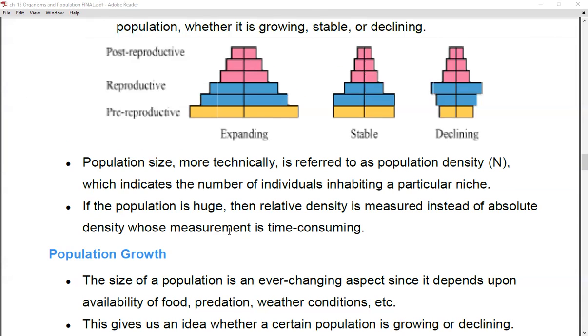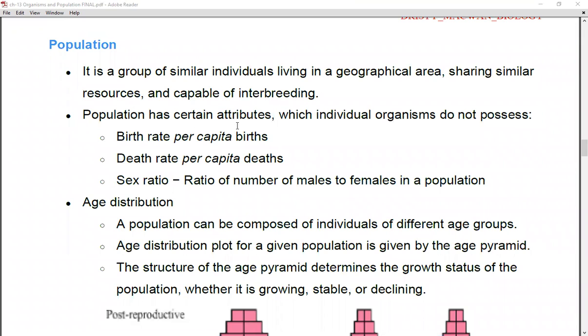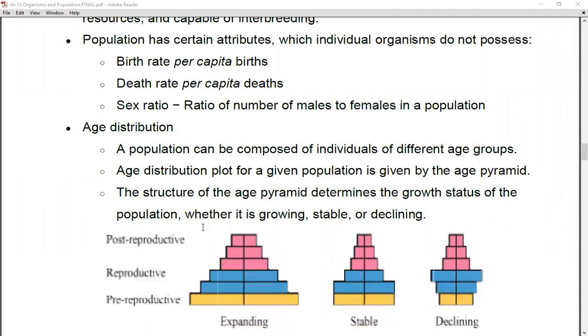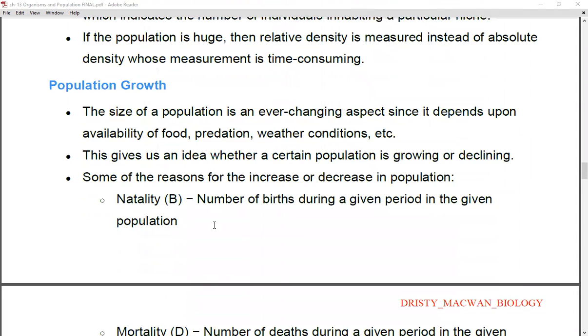So this is about the basics of the population, where we have seen the attributes of population, then we have seen the age distribution, and now we are going to see the population growth.